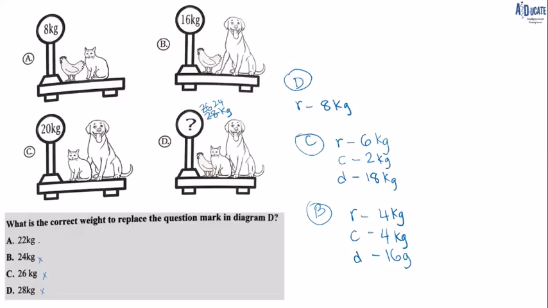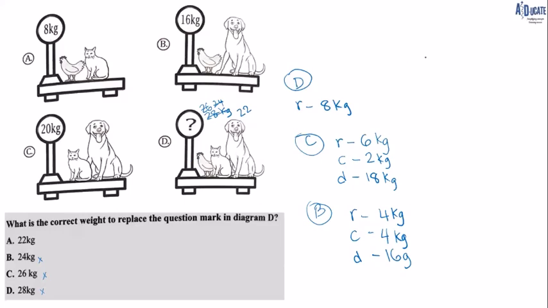Well, let's try 22. I would always say that I would pick A first. Yes, it's good to go in order. So we're trying 22 kilograms. If the dog and the cat are 20 kilograms together, it means the rooster added 2 kilograms.